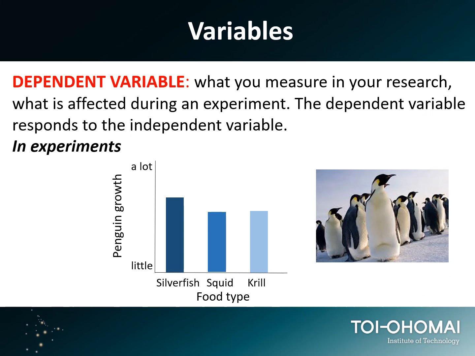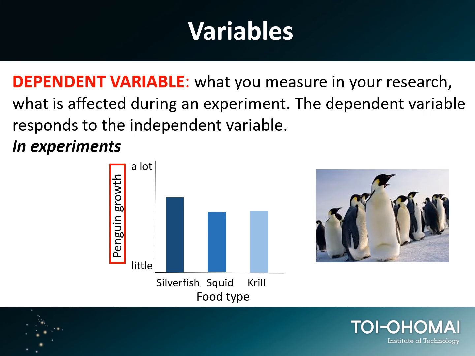And this one might make a little more intuitive sense. The dependent variable depends on the independent variable. So in this case, the independent variable was the food type, and what we measure is the growth. The growth depends on the food type, which is the independent variable.